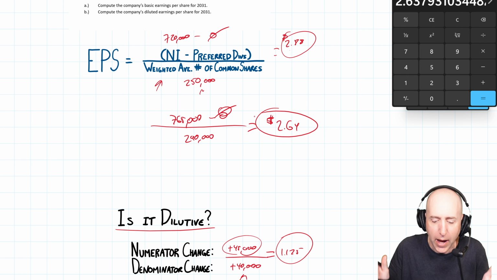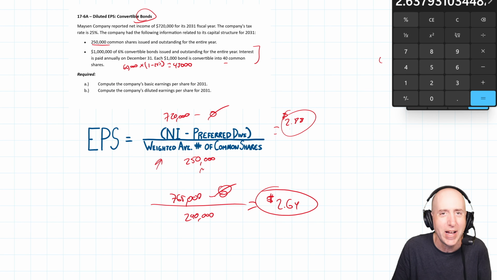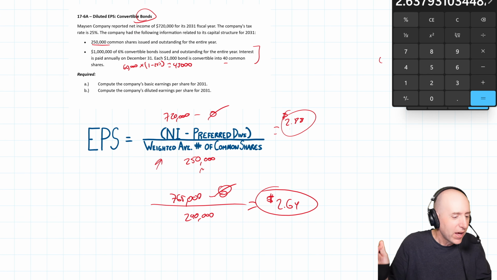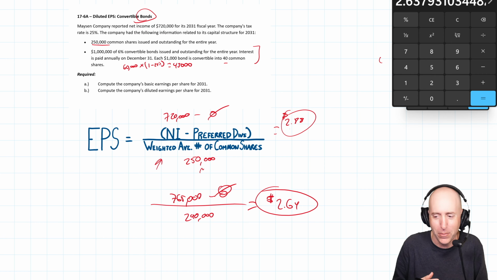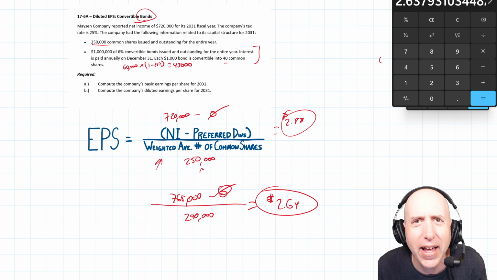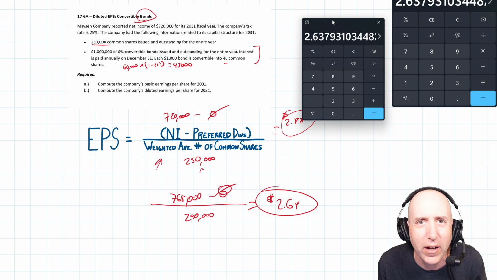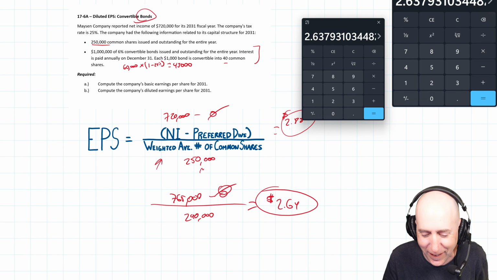Something went weird. $2.64. So that's our diluted earnings per share. We've done it. We've solved despite the tech difficulties. Did I even handle it gracefully? Can you even see the number? Let me see. Pull it down. I'm going to move it over. Look at that. There it is. 2.64. I'll fix this later.